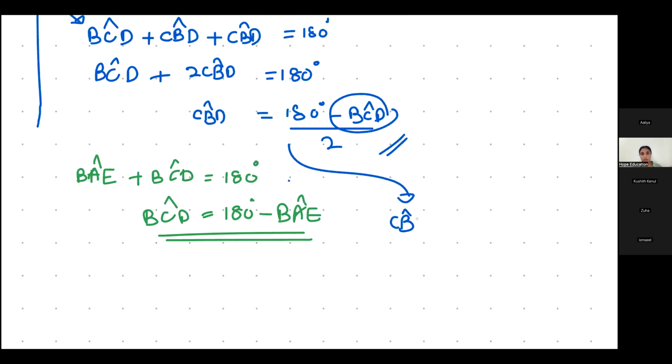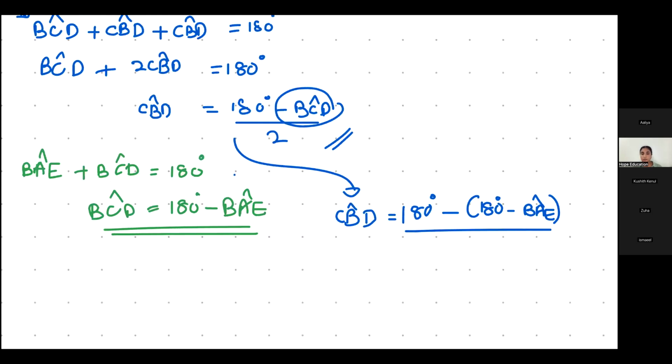Watch patiently. CBD equals 180 minus BCD, divided by 2. Now BCD is equal to 180 minus BAE. So I write instead of BCD, 180 minus BAE, and divided by 2.